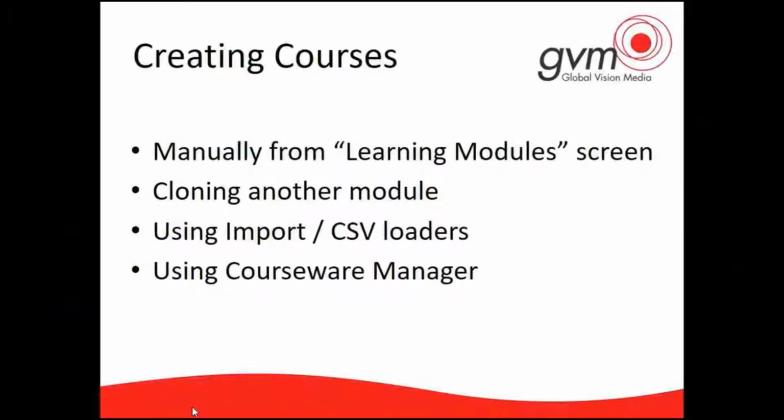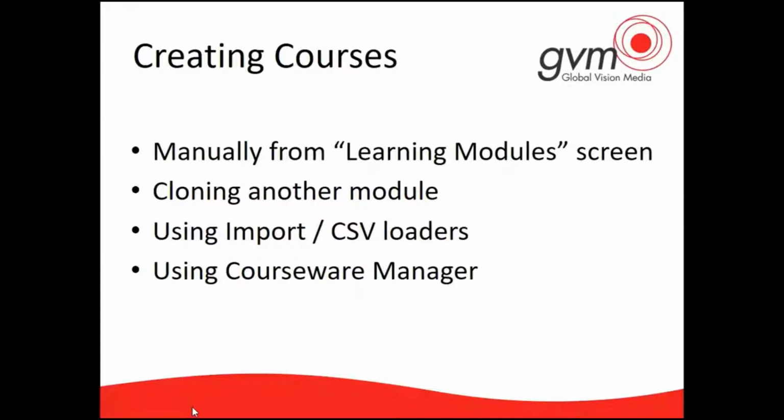The third way of creating courses is to import a SCORM package. If you have used third-party vendors or course creators, they would, after they've created the course, give you a zipped file, which is known as a SCORM package.